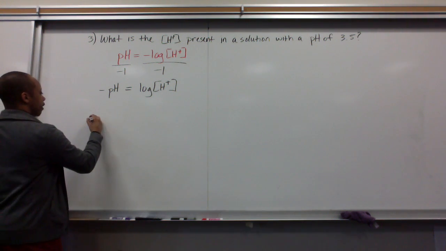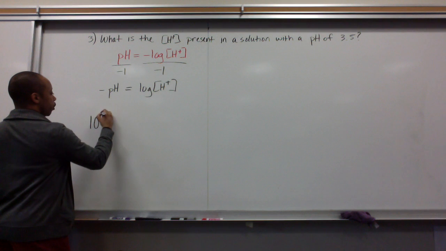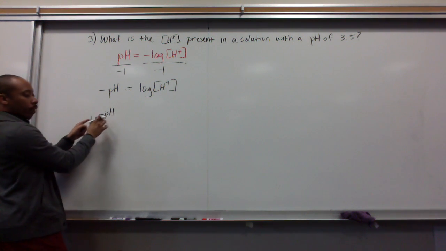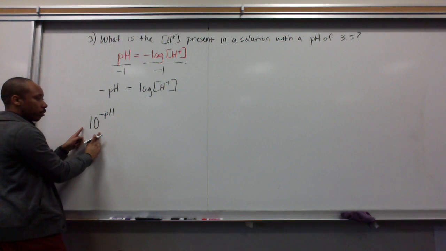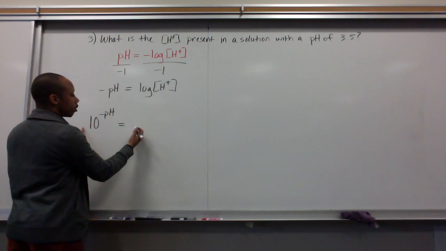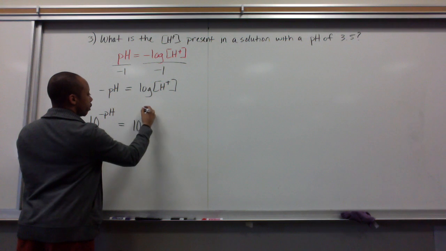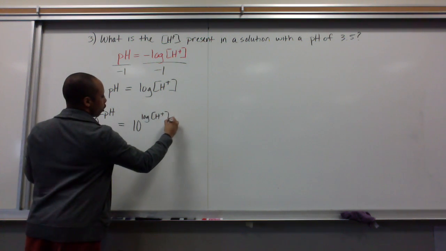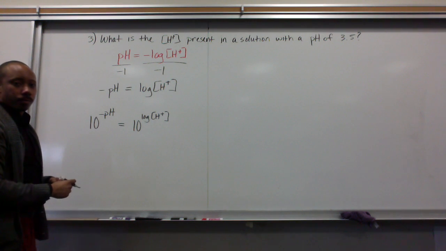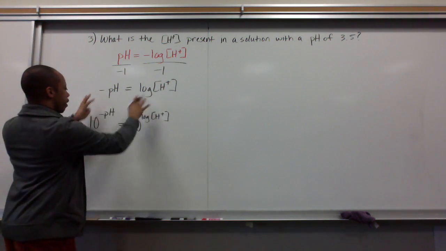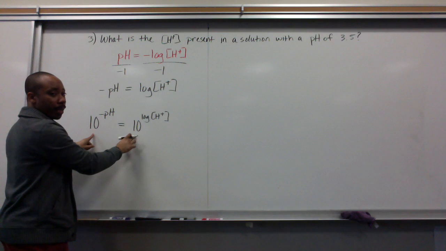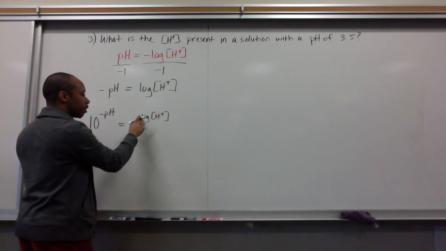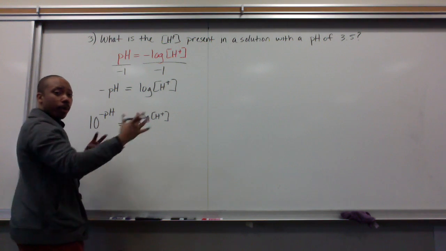Meaning I can say 10 to the negative pH, I'm raising this to a power of 10, equals 10 to the log of H plus. I just took this and I raised it to a power of 10, base 10. What this does, this 10 makes the log cancel out.